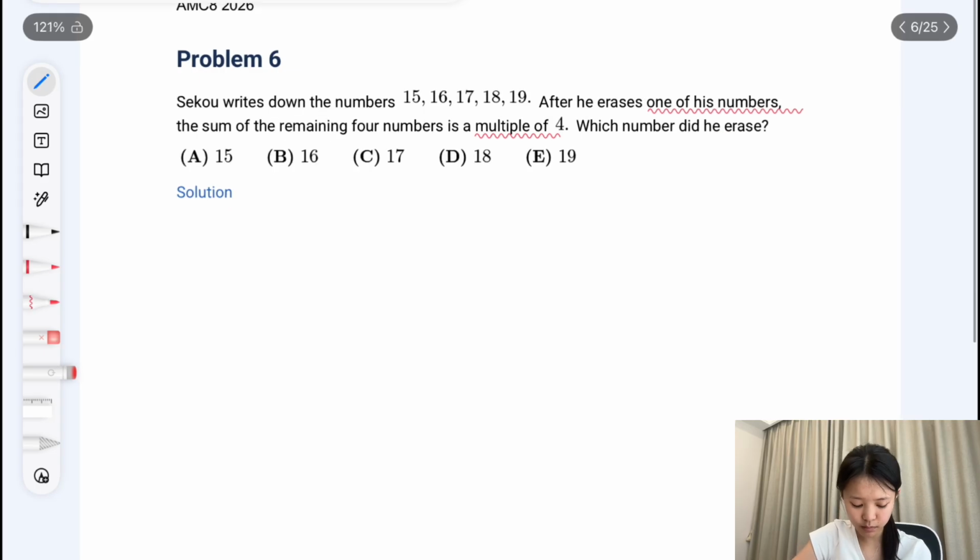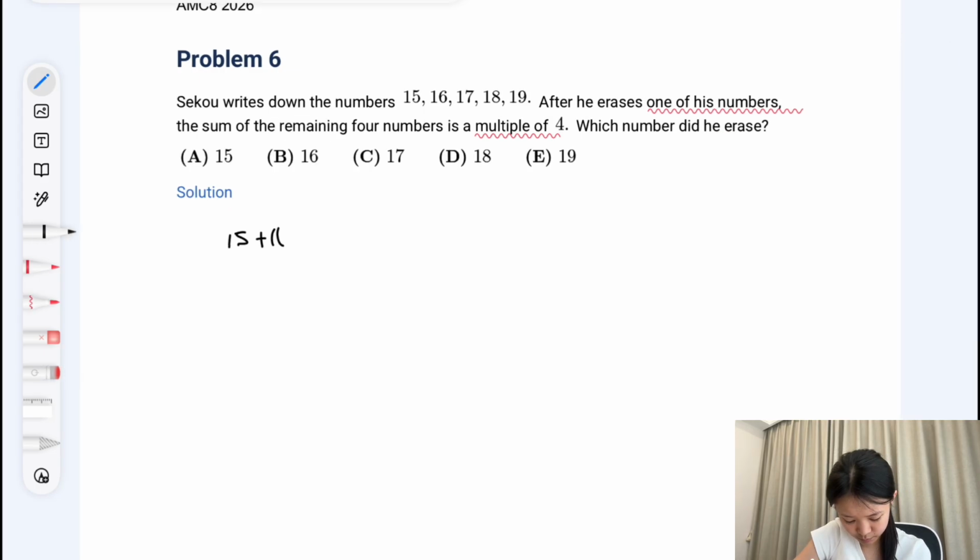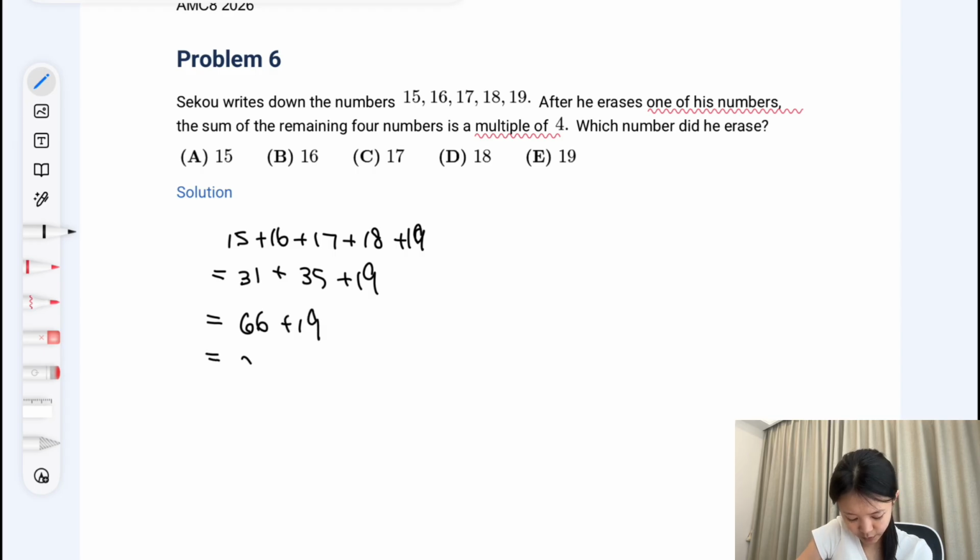So let's add up all of them first. When we add up all of these, we eventually come down to a sum of 31 plus 35 plus 19, which equals 66 plus 19, which is 85.